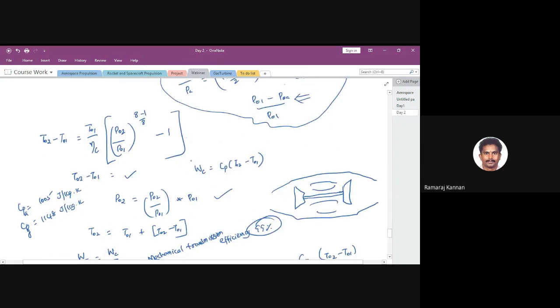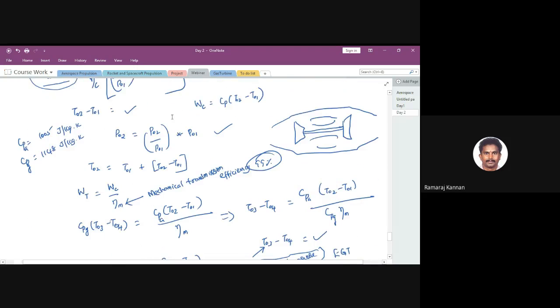This relation we already calculated for T02 minus T01, that is the stagnation temperature rise across the compressor. That is going to be T01 divided by the isentropic efficiency of the compressor, this one.